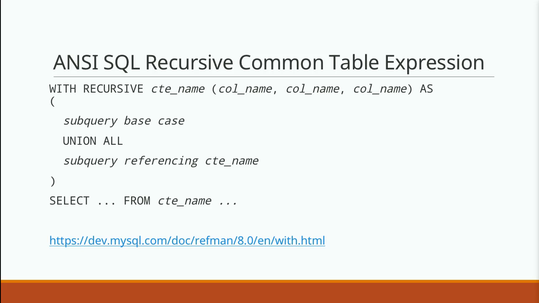So you define an initial step that seeds the initial row of data that should belong in your view, and then you say UNION ALL, or just UNION, and subsequently a query that references the name of the view itself. So there's the recursive step: it references the definition that you're creating as part of the implementation of it. It takes a little bit of a mental leap to understand how this works.